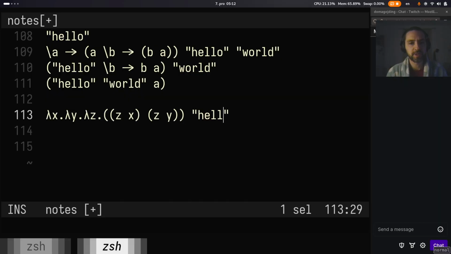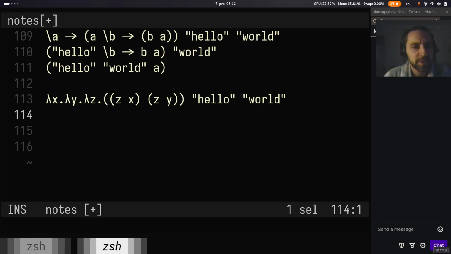So if we do hello world, we substitute the x and the y. So the x will be hello, right? The hello will substitute the x, lambda x, and x is here. So we're going to do lambda y, or let's go step by step. Actually, we don't have to.